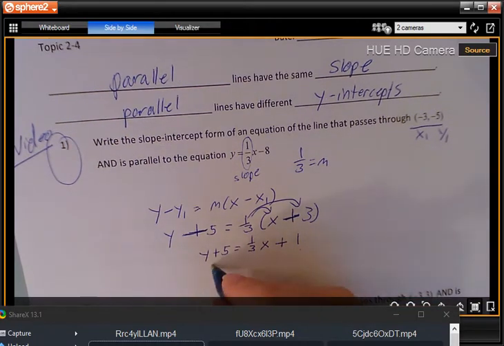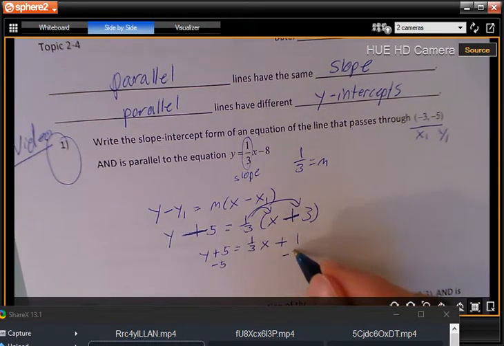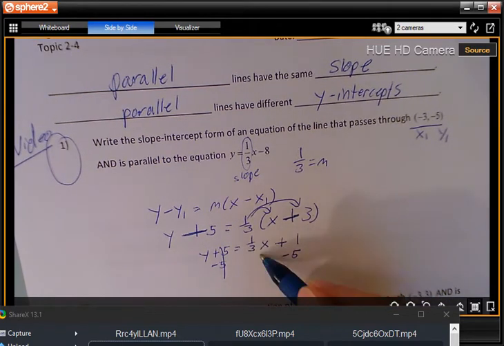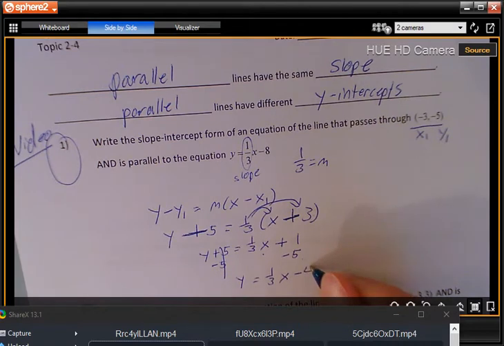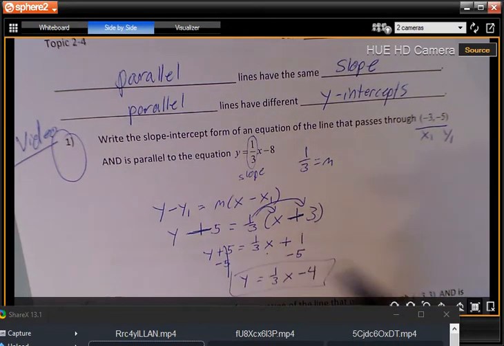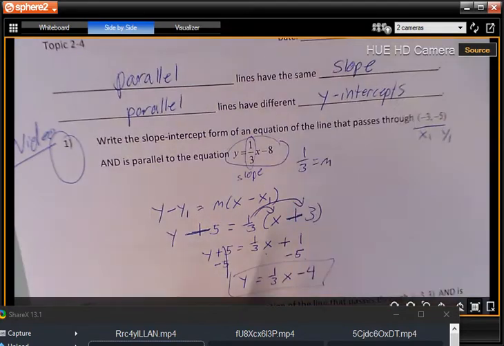I'm going to subtract this 5. Remember to only do it under the like terms. 1/3 x has an x, so I'm not going to subtract it from there, just under that 1. So y equals 1/3 x minus 4. That is my line that is parallel to my original. They have the same slope, different y-intercept.